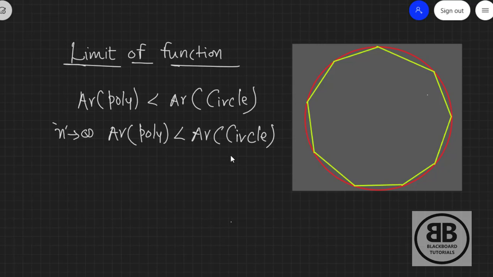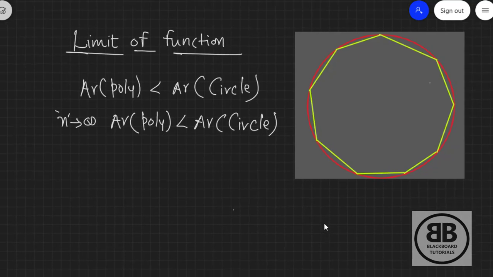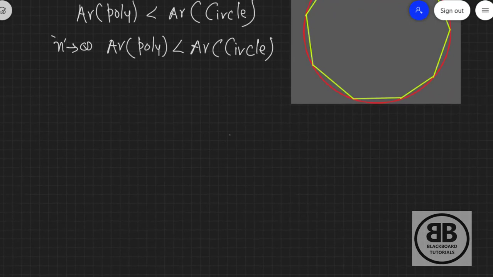Now suppose we are given a function f of x and we are asked to find the limit of function f of x at x is equal to a. This can be written as limit x tends to a of f of x is equal to what?